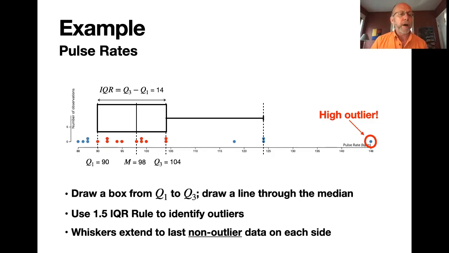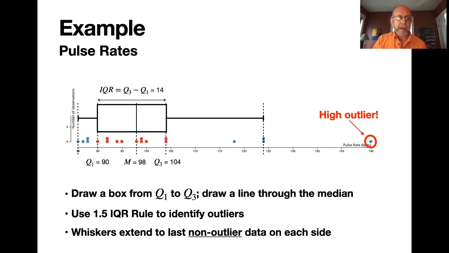On the left side of the box, there are no outliers. So the last non-outlier data on the low side is just the last data point on the low side. There you see it at 96. And so our whisker on the left-hand side of the box just extends back to 96. And there we have the whiskers.